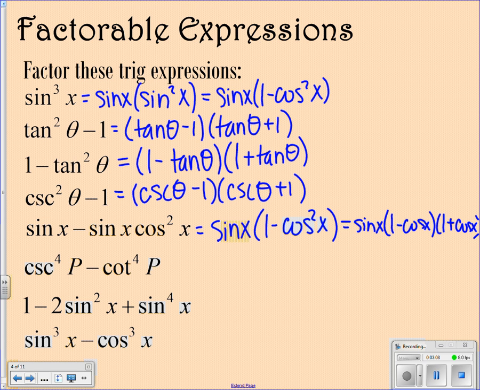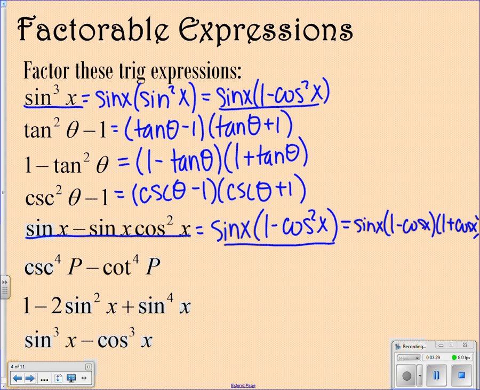So if you wanted to write it like that, you could. This is the same thing as sine cubed of x, but they don't at all look the same because they both factor as sine of x times 1 minus cosine squared. So that's one way that you could factor that one.